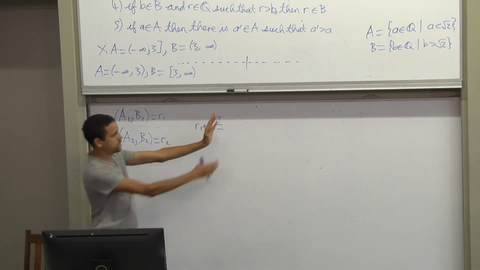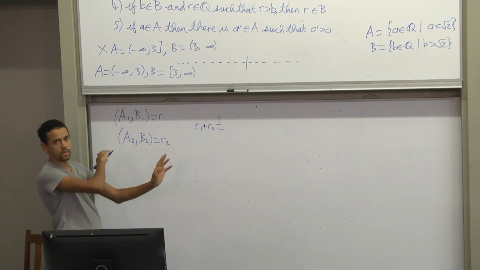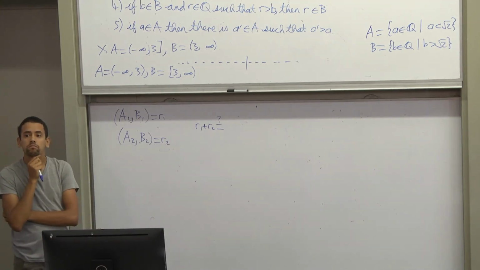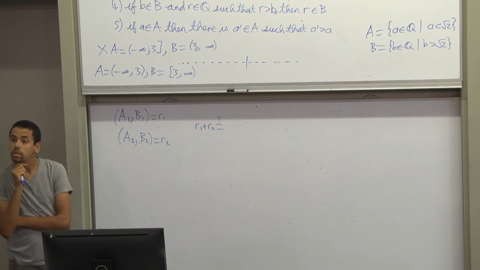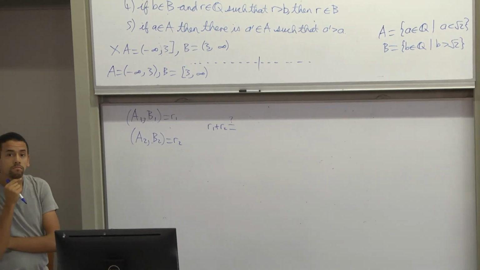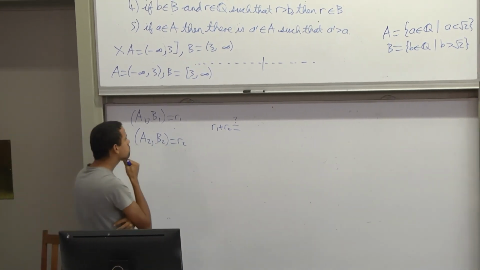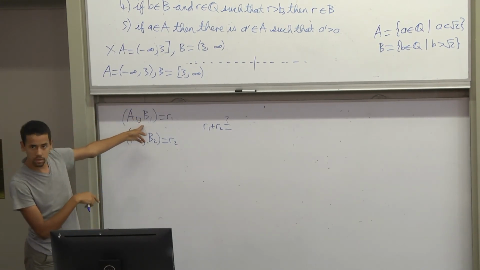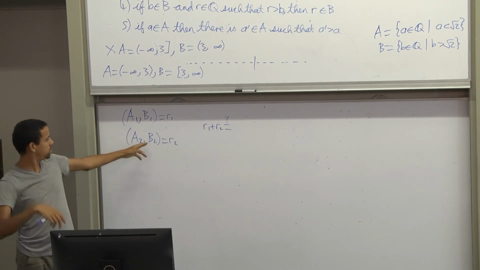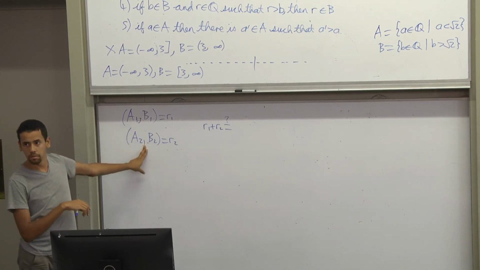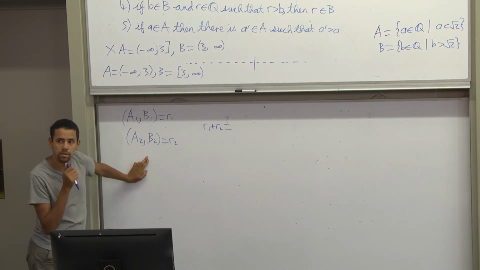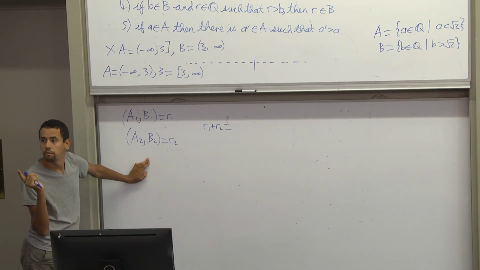You have to give a Dedekind cut somehow made up of these Dedekind cuts. So the middle point between A1 and B1 here is R1. The middle point between A2 and B2 here is R2. And we want the middle point to be R1 plus R2. Yeah?